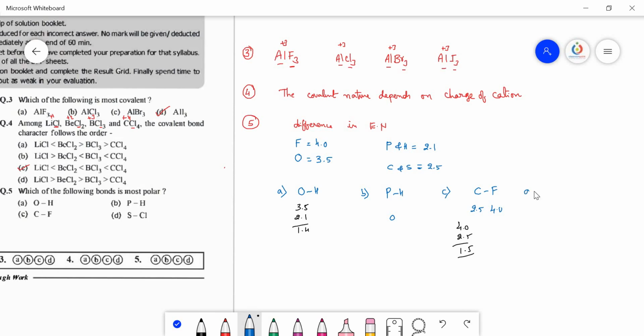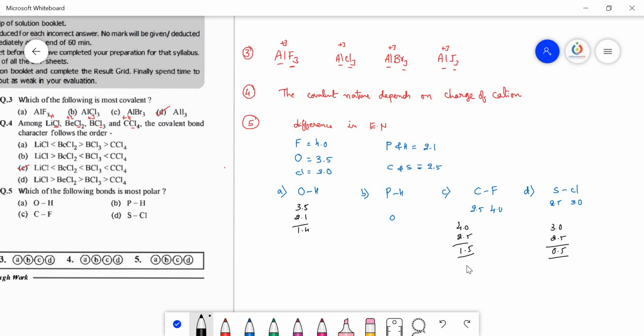And next one is D, sulfur and chlorine. Sulfur electronegativity is 2.5 and chlorine electronegativity is not given here. Okay, chlorine electronegativity value is 3.0. So the difference is only 0.5.